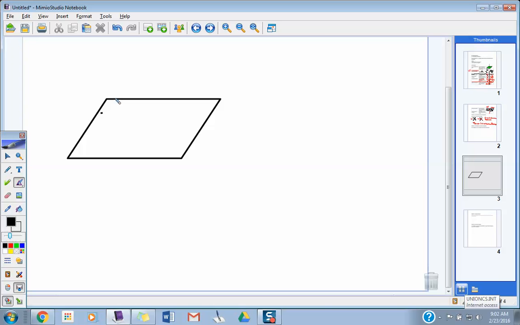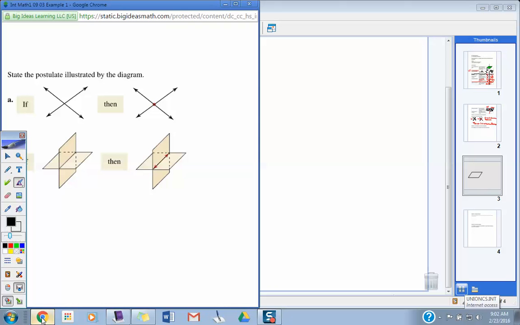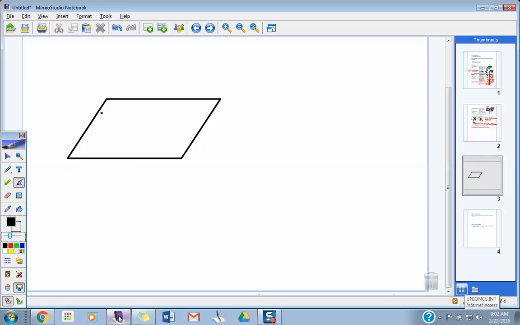Okay, now I go back to this drawing here. I'm not going to put dotted lines in here, okay? I'm going to show you what I think you should do to draw this. Now, see this corner right here?